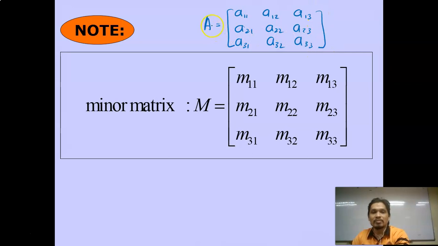This is the matrix given here, so we may find every minor from M11 until M33. In the previous example, we just found the first three minors, so you may continue the rest.